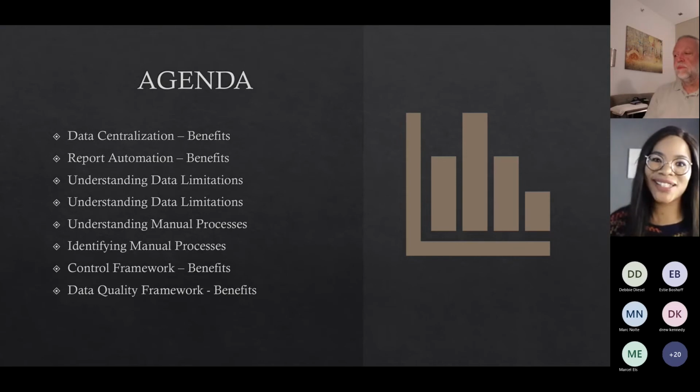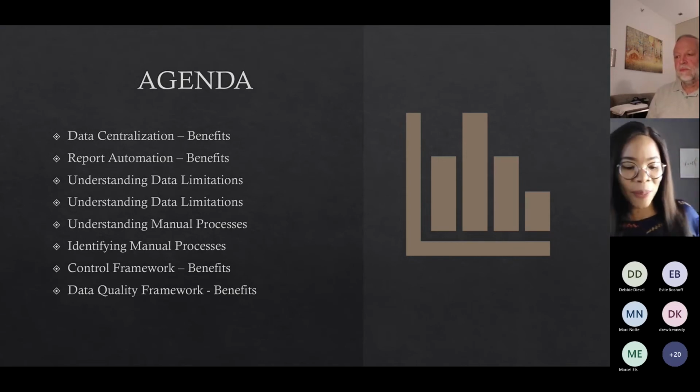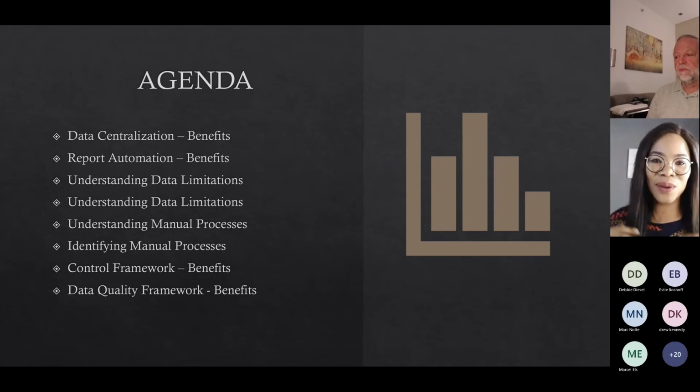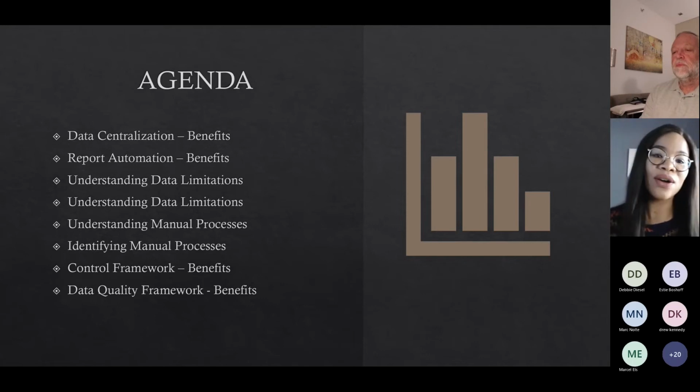I know some companies regard Excel as a system, but it could be Excel, it could be Access, it could be Word, it could be anything that is not a system or is not automated, or is not a database, if I can put it like that. Then you have to understand all those manual processes so that you can get the full view of where your data is.